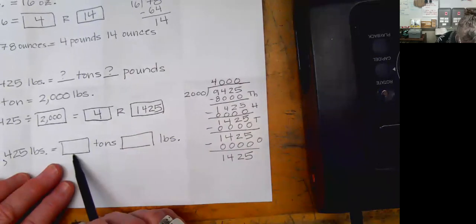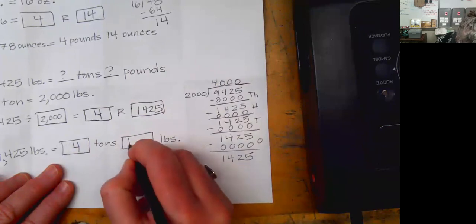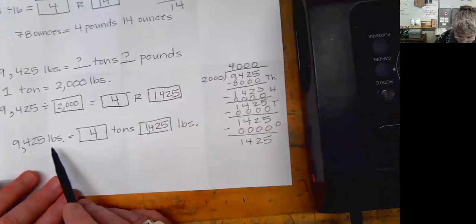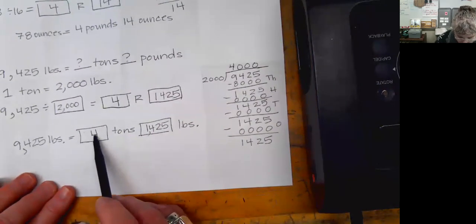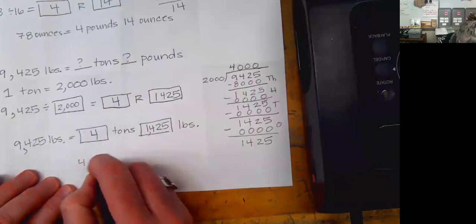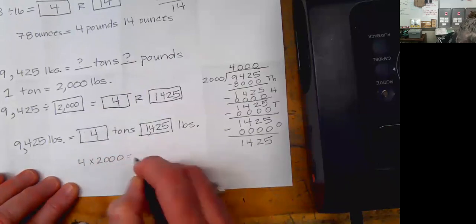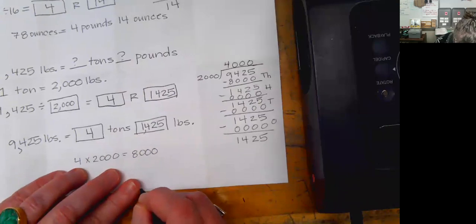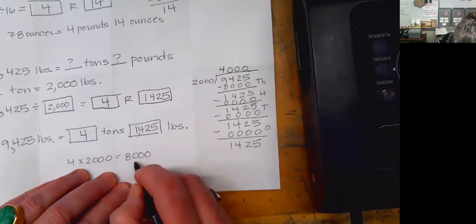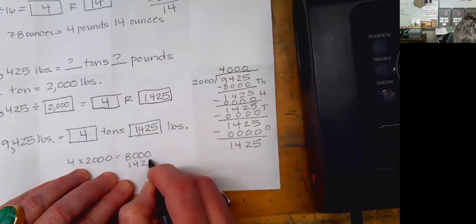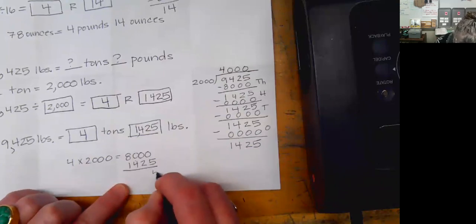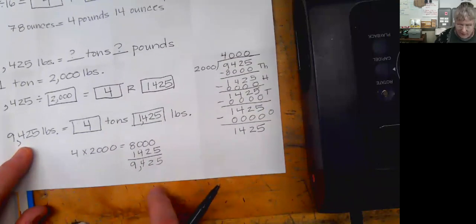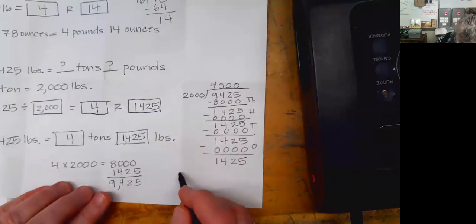So they're saying this will be 4 tons and 1,425 pounds. So if I do my check step, 4 times 2,000 is going to equal 8,000, right? And then if I add 1,425 to that, that's going to give me my total answer.